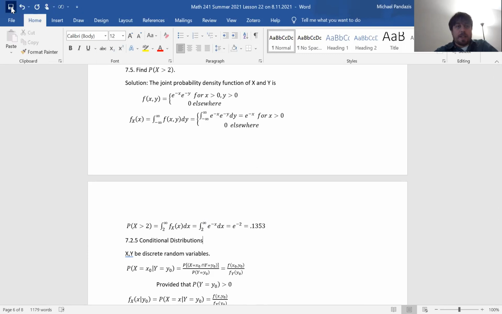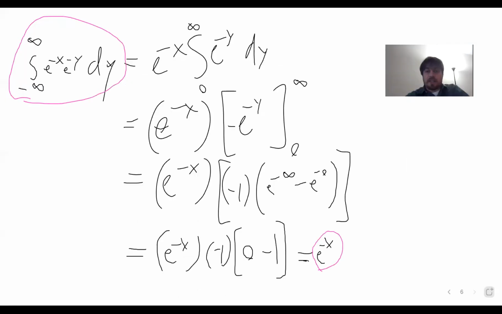And so when you calculate the integral from 2 to infinity of e to negative x dx, that's equal to negative e to negative x evaluated from 2 to infinity.